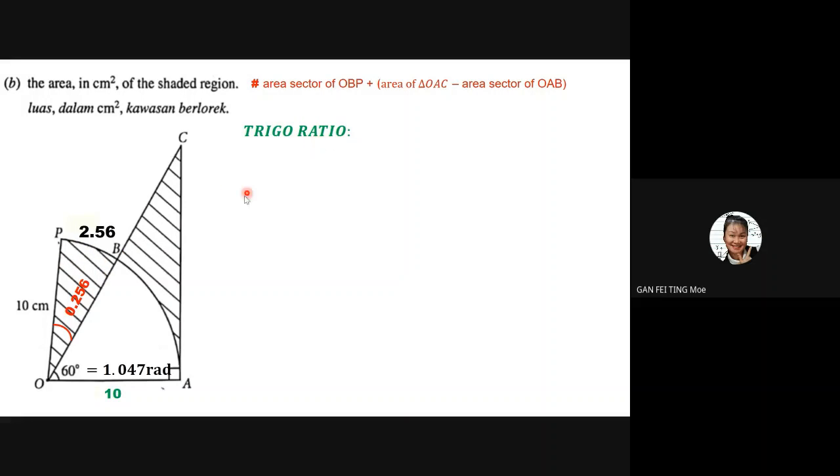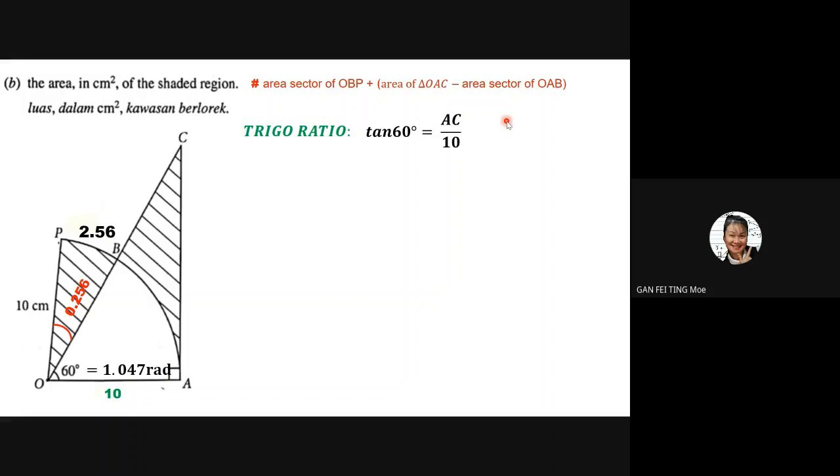What am I looking for? Okay, let's continue to see tangent 60. This is 60 degree. AC, I try to look for the height for AC. Using the trigo ratio, tangent 60 equals AC divided by 10. You will get the height for AC.